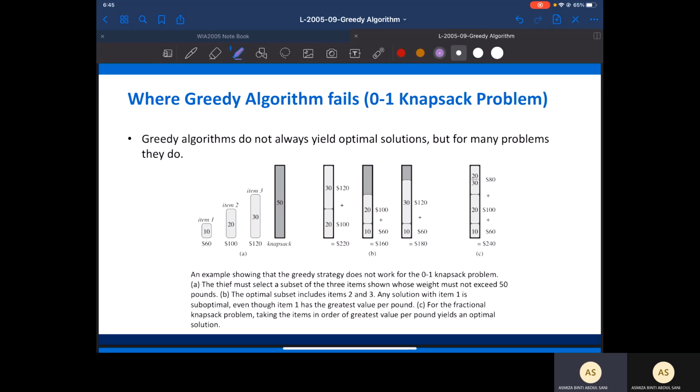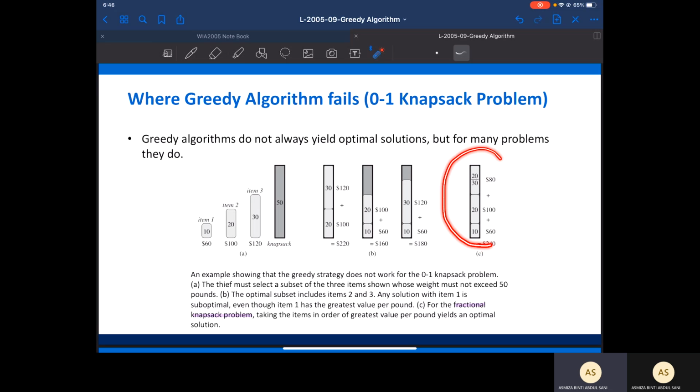But let's say for the fractional knapsack problem, we assume that the item can be broken down, so you can get a better optimal solution. You take the most value per kg, then you add the next best one, and finally you take 20 out of 30 of item 3, which gives you these profits.